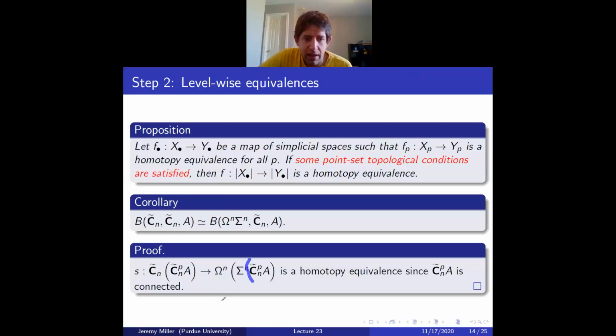So the idea is that scanning tells you that C_n tilde C_n X is equivalent to Omega^n Sigma^n X whenever X is connected. And so scanning tells you the space of p-simplices of the thing on the left is equivalent to the space of p-simplices on the right.